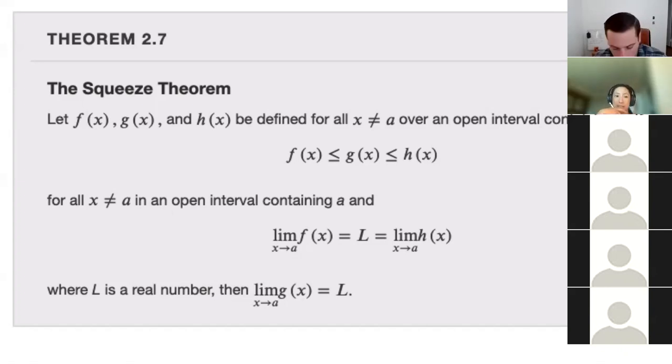The squeeze theorem says: let f of x, g of x, and h of x be defined for all x not equal to a over an open interval containing a.